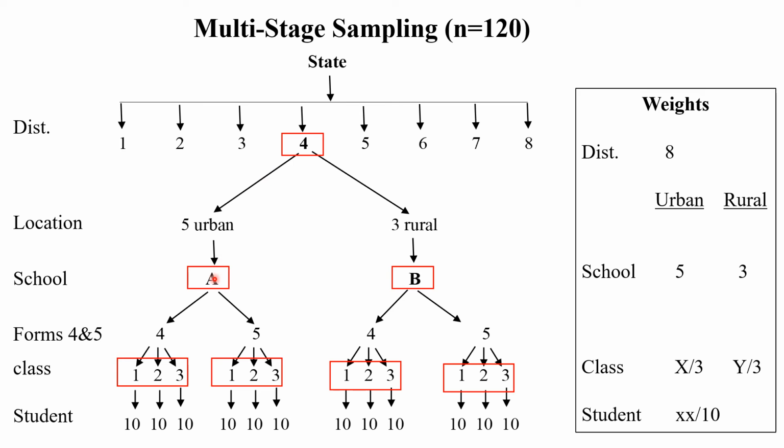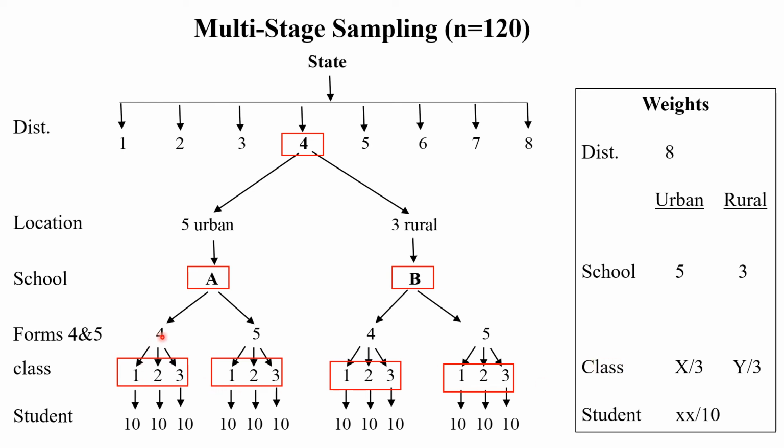Randomly, right? So the school weight will come in. Once inside the school, you go to Form 4 and Form 5. School to school may be different. Supposing there are 3 classrooms, we can select all 3 classrooms. If there are 10 classrooms, you're going to select, let's say, only 3. Then the classroom weight comes in.